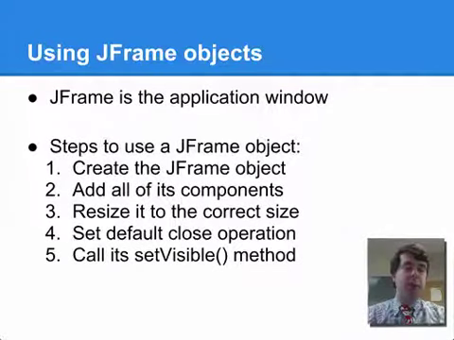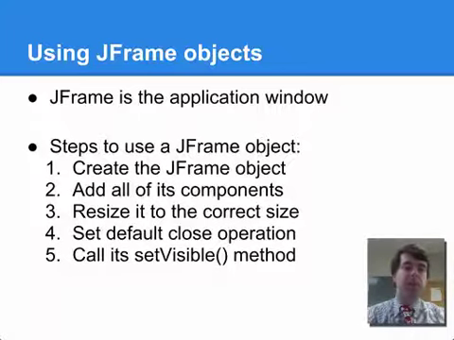In order to begin with, if you're going to make a Swing application, the first thing you need to start with is a JFrame, and that is literally the application. In order to create your application, there's a couple of steps that you have to go through in order for it to render properly. Once you've created your JFrame, you should add all of the components that it's going to contain. Then you need to resize it to the correct size.